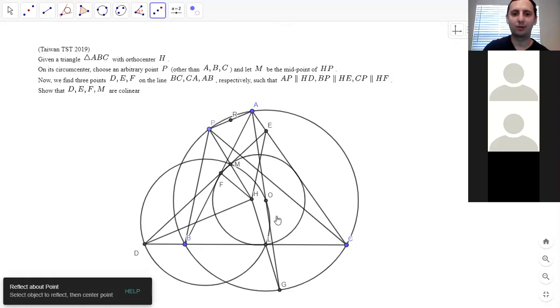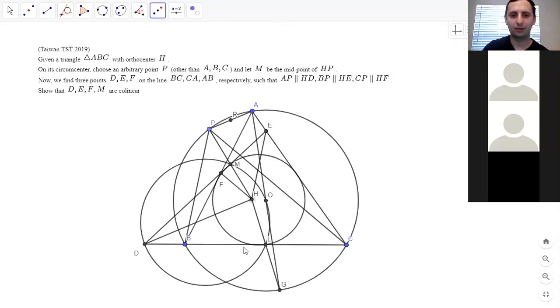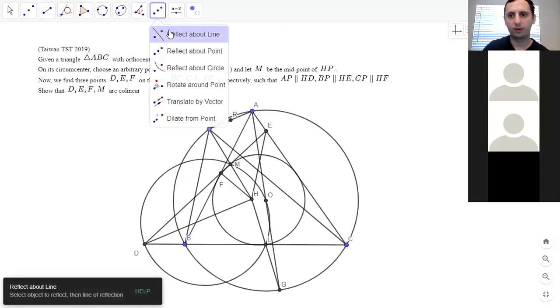And we know the reflection of H over BC lies on the circle. I need to reflect over a line, not over a point.